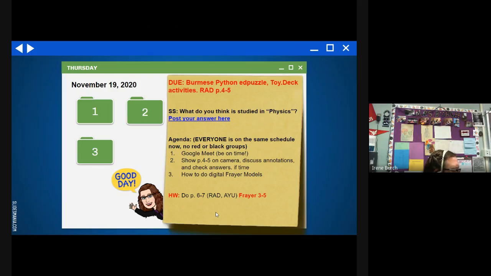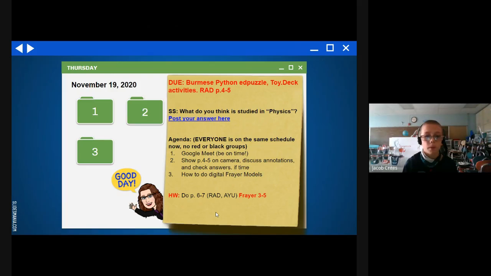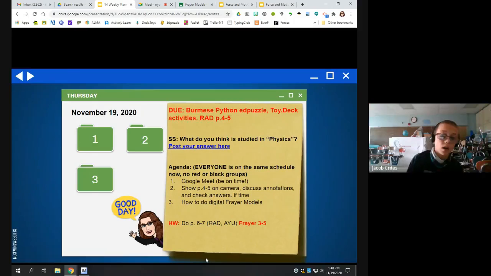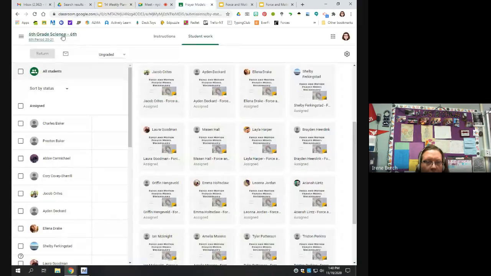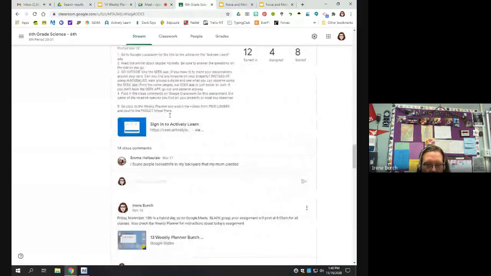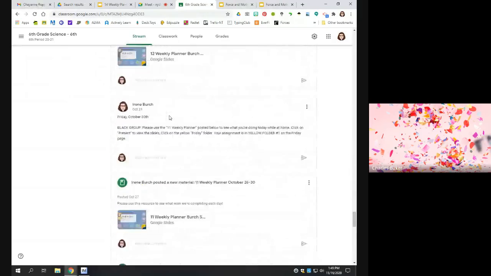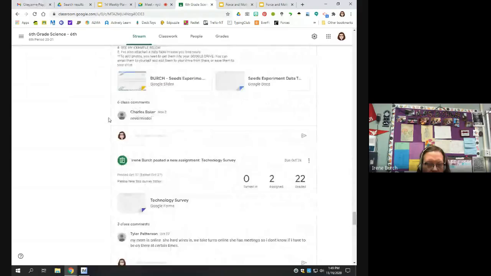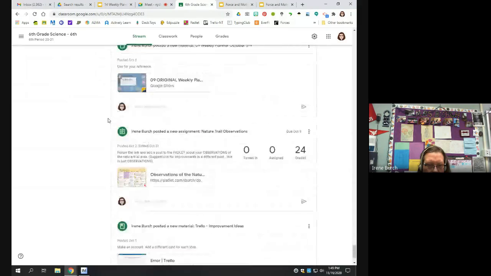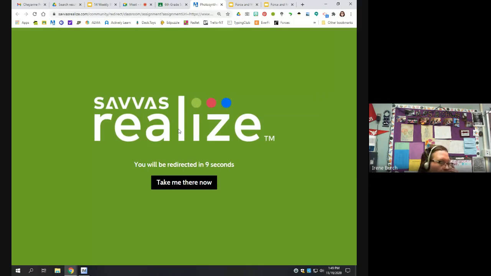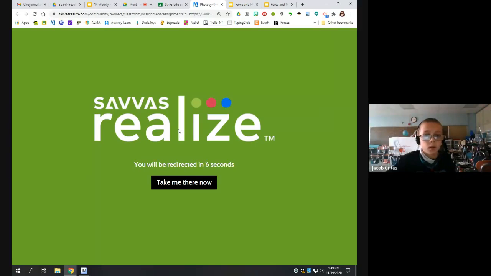Go ahead, Jacob. Can you pull up the pages 6 and 7 so I can do them on my paper? You can actually get to that. If you go all the way back to the beginning of the Google Classroom and find a Savvas post. Remember, Realize? Yeah. And so find one of those, and that will take you to the online textbook. So if you sign in to Realize, you'll be able to see the textbook. So I'm in Savvas Realize.